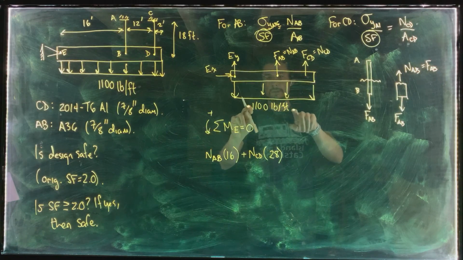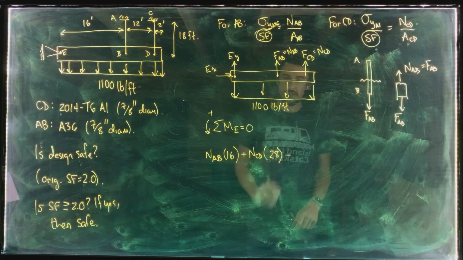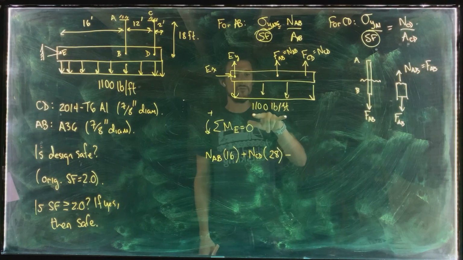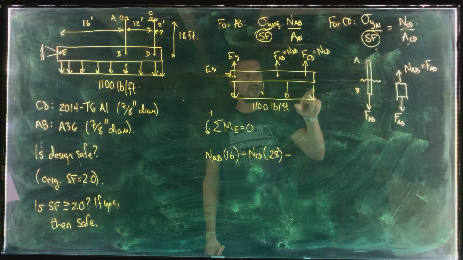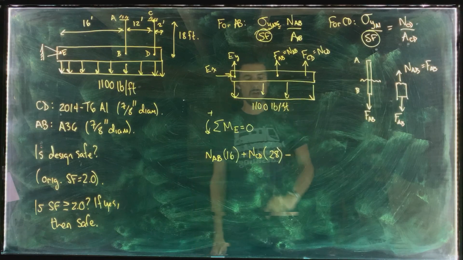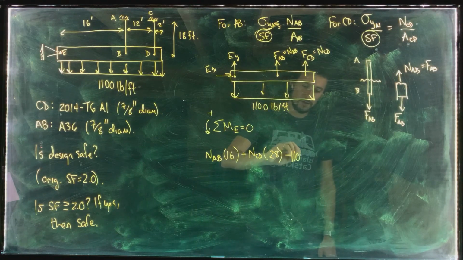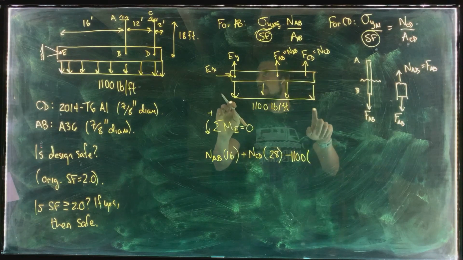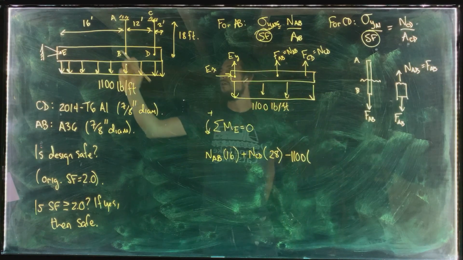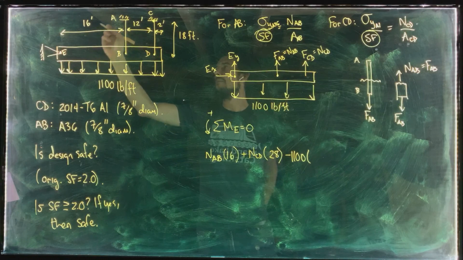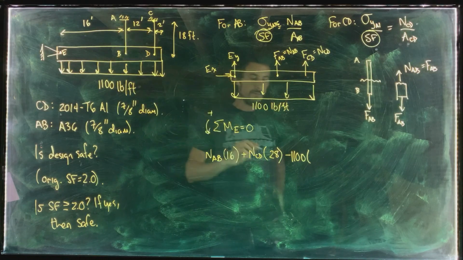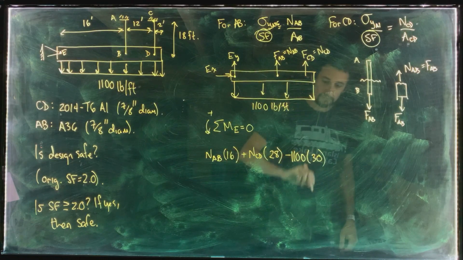And then we've got the distributed load in the other direction. So the resultant of the distributed load is the area inside the distributed load, just like the triangular ones. So we've got 1100 multiplied by the total length here, which is, what, 30 feet?